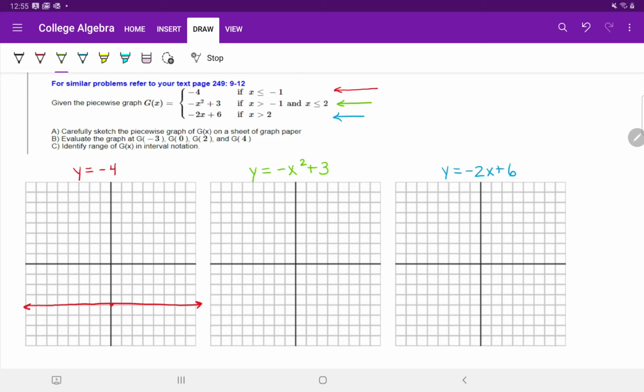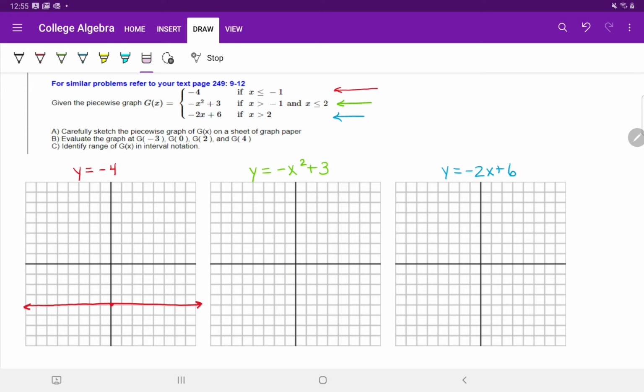The green one, the -x² plus 3, is going to be a parabola. And there are a couple of different ways we can graph this. One way is by using transformations. Our parent function x² looks like this. So we could think about an x² graph being flipped and shifted up 3.